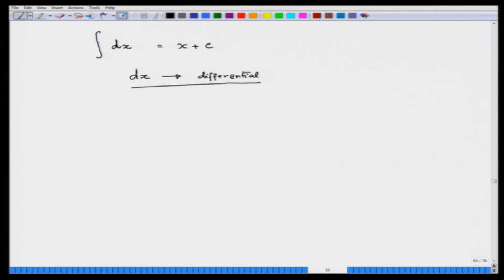Now if I go by Taylor's expansion of a function at x plus h, when h is very small, then I can write it as f of x, I just want to make a first order expansion, plus f dash x into h.